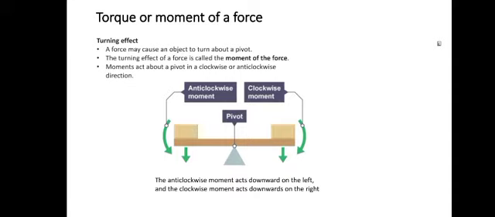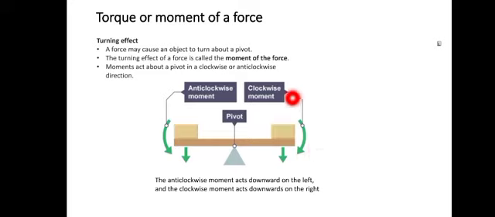For example, in the given figure, this swing will be rotated if you apply force on the right hand side. Then this force will cause this swing to rotate in a clockwise direction.